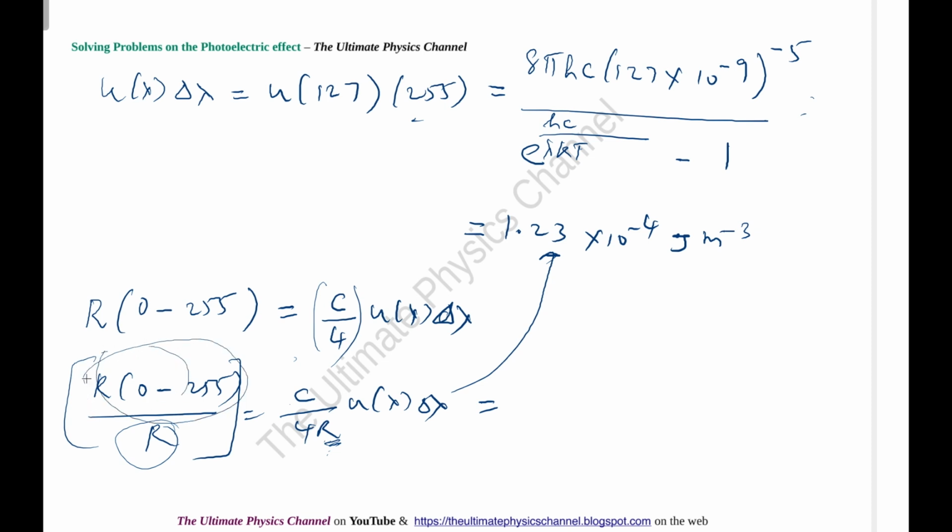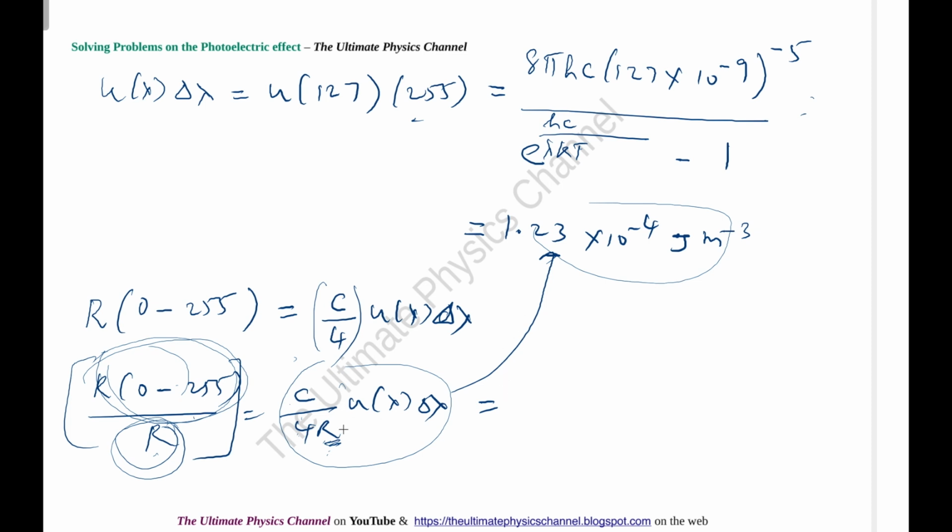So that is R up to 255 over the total power. That would give the fraction, and that fraction can be obtained from calculating the energy density fraction, and then multiplying that with C over 4, and to get the fraction we have divided by R on the left side, and therefore we divided by R on the right hand side as well.